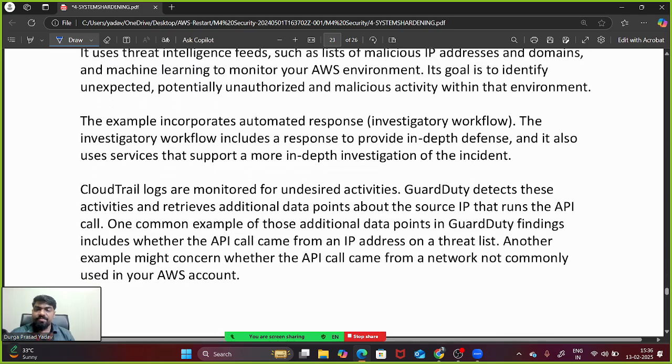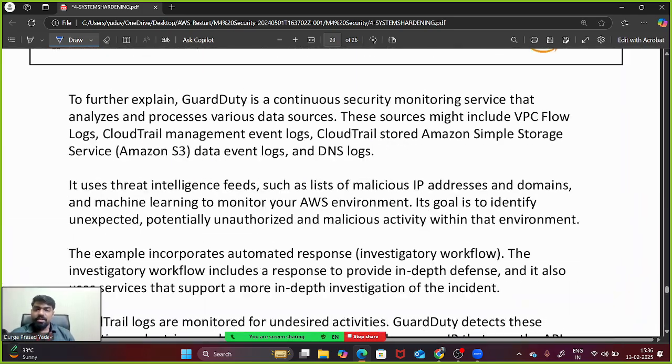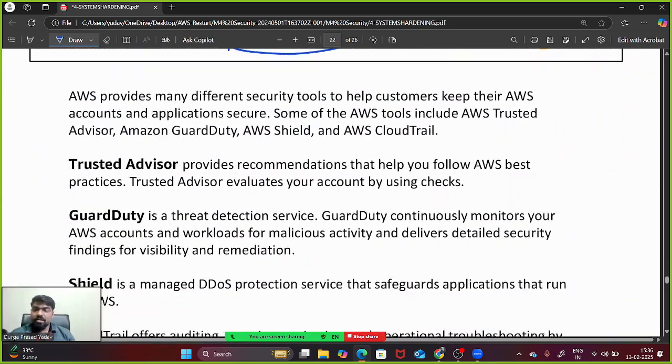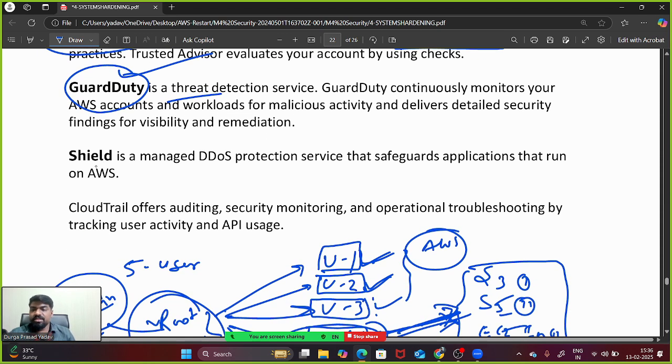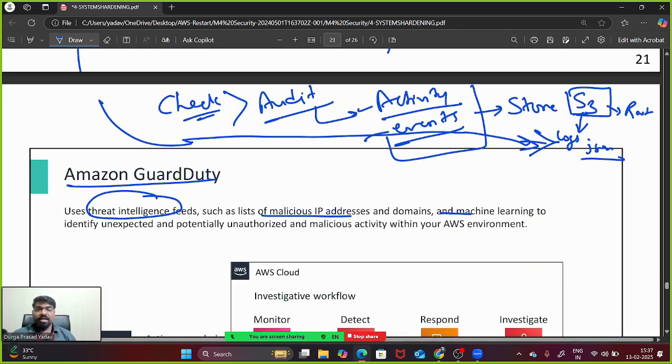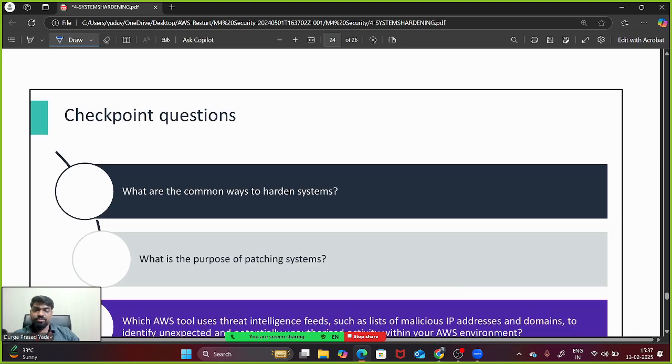Moving further, Trusted Advisor provides recommendations that help you follow best practices. GuardDuty is an intelligent threat detection service, and Shield is used to protect against distributed denial of service. These are all the topics we have covered so far.